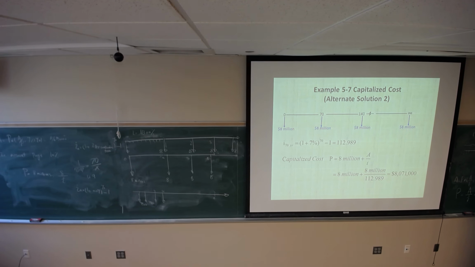The interest rate per month is R divided by M, 6 divided by 12, which is 0.5%. And if I ask you what would be the effective interest rate per year, you can use this equation: I effective equals 1 plus 0.5% to the power of 12 minus 1.